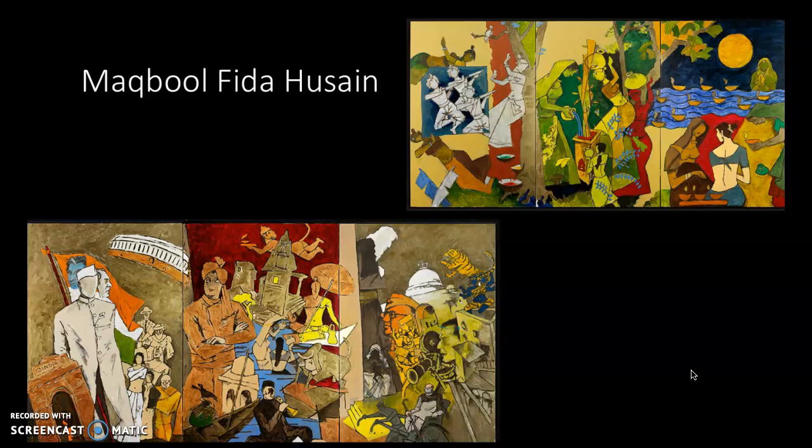The panel below shows us a tale of three cities, which includes three depictions of three different major cities of India: the holy city of Varanasi, Kolkata, which was the seat of the British Raj, the British colonial capital, and then finally the capital of modern India that we see here on the left, which is Delhi.